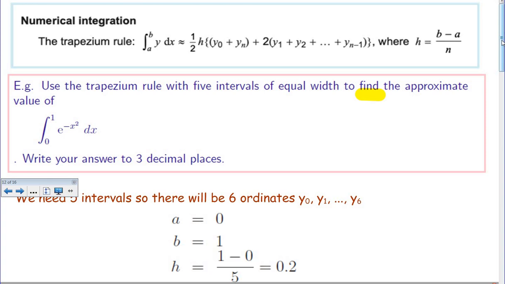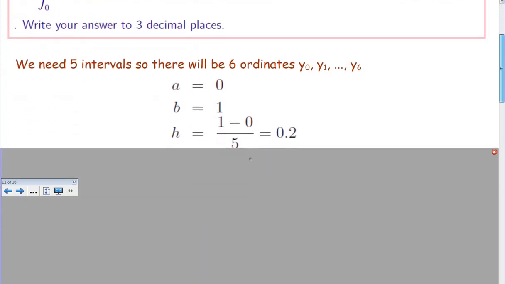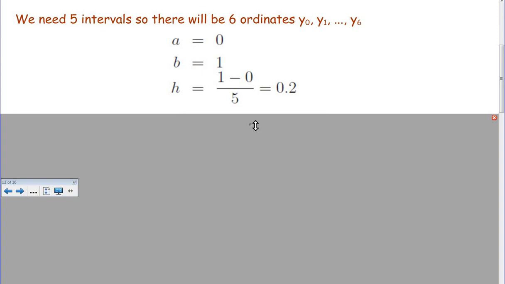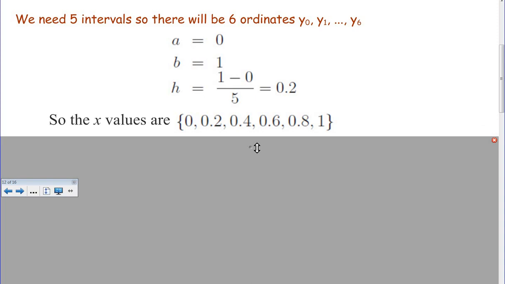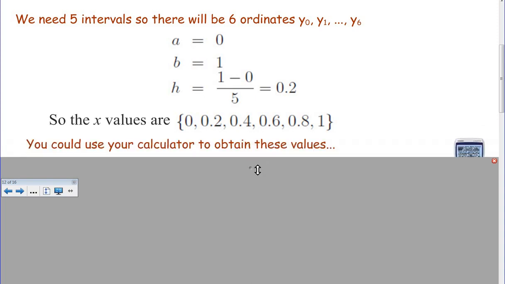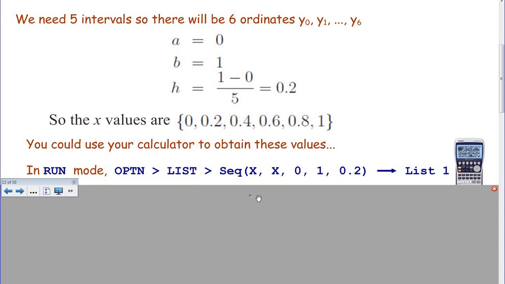What I haven't worked out yet is the y values. So first of all, we'll need some x values and substitute those in to get y's. Well, it's pretty obvious for these that we're going up in 0.2s up to 1, so there's our x values. You could use your calculator to find that. We just want to find our x values.